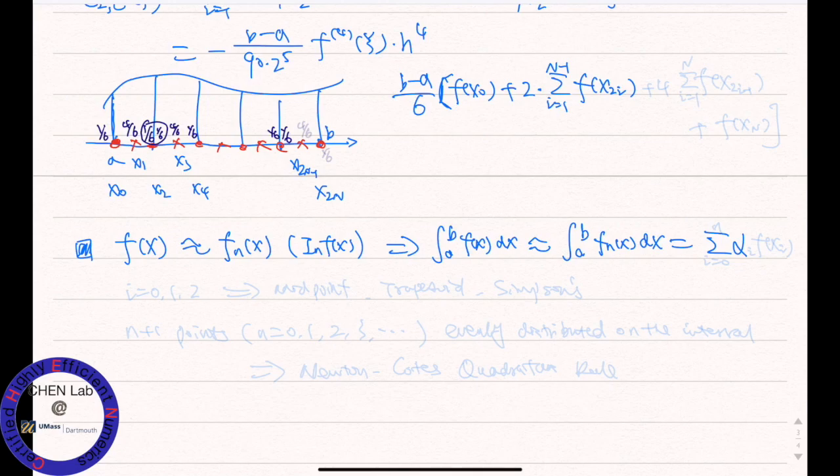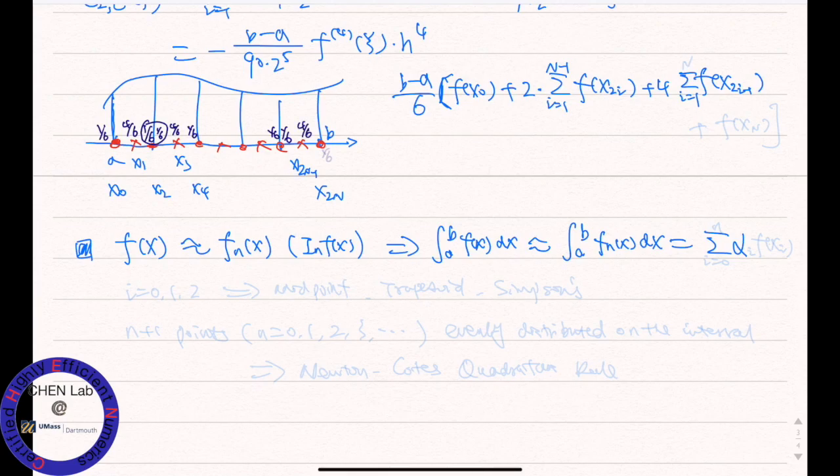And plus, for the middle points, for x1, x3, those half points, the number is 4. So it's 4 times the summation of f of x2i minus 1. When i is 1, 2i minus 1 is 1, so that's x1, all the way to the last one.